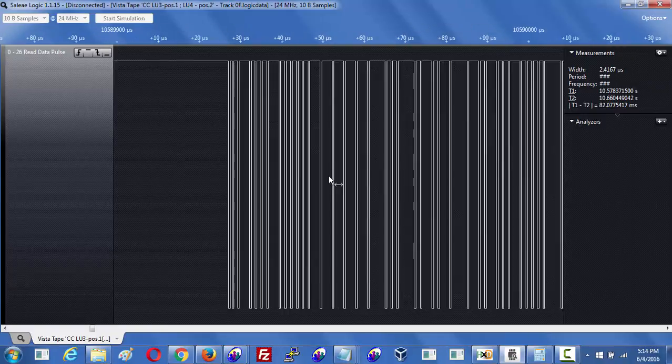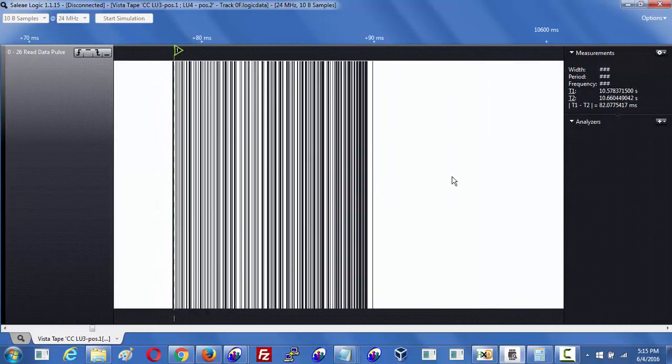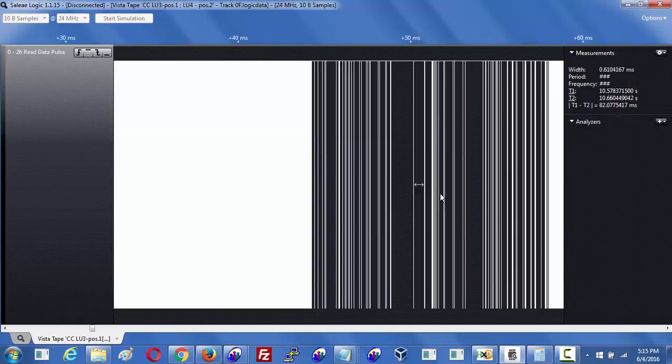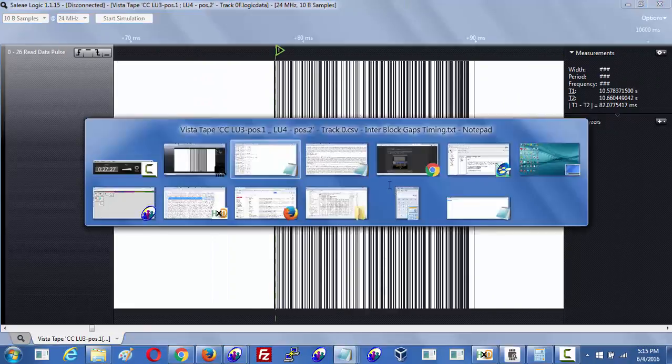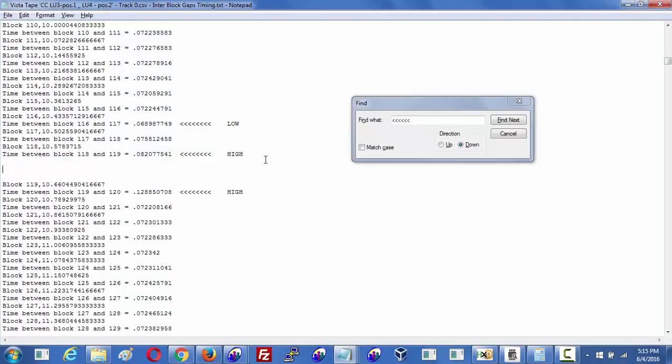We have data that just starts in with no preamble, and so the process just did its job. It found a missing block, and the missing block is basically at 118.5. So I'm going to add that to my report here. At 118.5. So the program did exactly what I designed it to do.